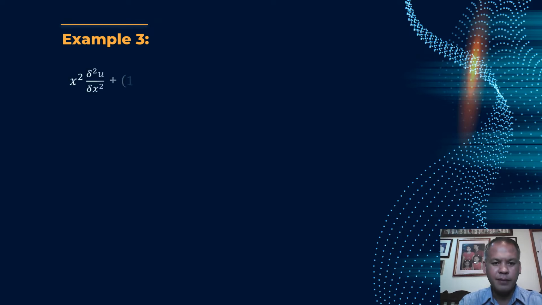Example number 3. Consider x squared del squared u over del x squared plus the quantity 1 minus y squared del squared u over del y squared equals 0, where x is greater than negative infinity but less than positive infinity, and y is greater than -1 but less than +1.